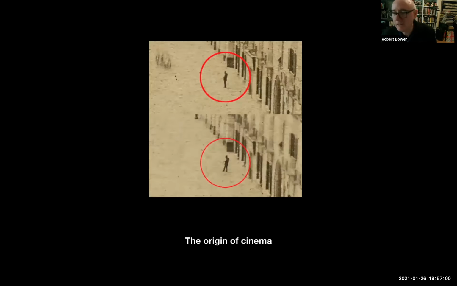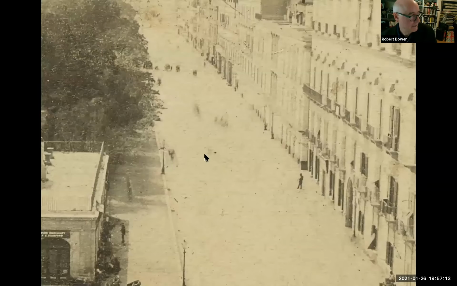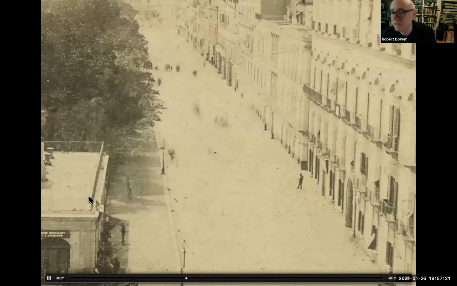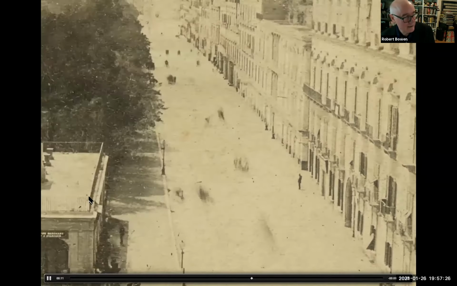Now, notice this figure is in these two different positions. And let's think of it as like a walking figure. Now I'm going to play this. So there's this incredible crowd movement in the streets, traces of motion. It's this two-frame cinema, which you can see sort of by blinking your eyes.